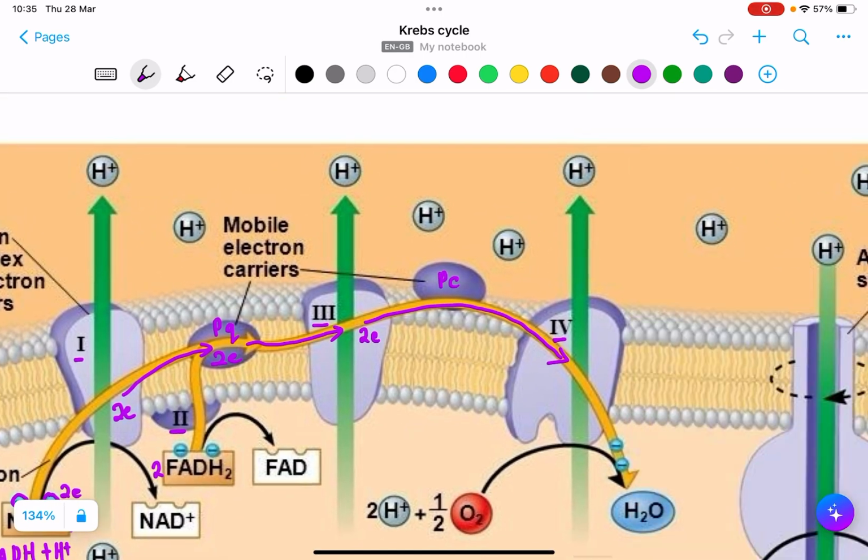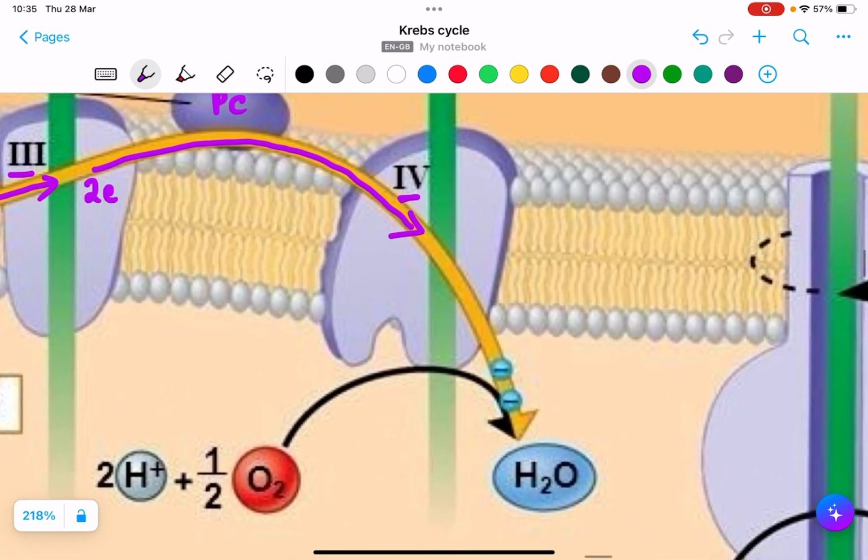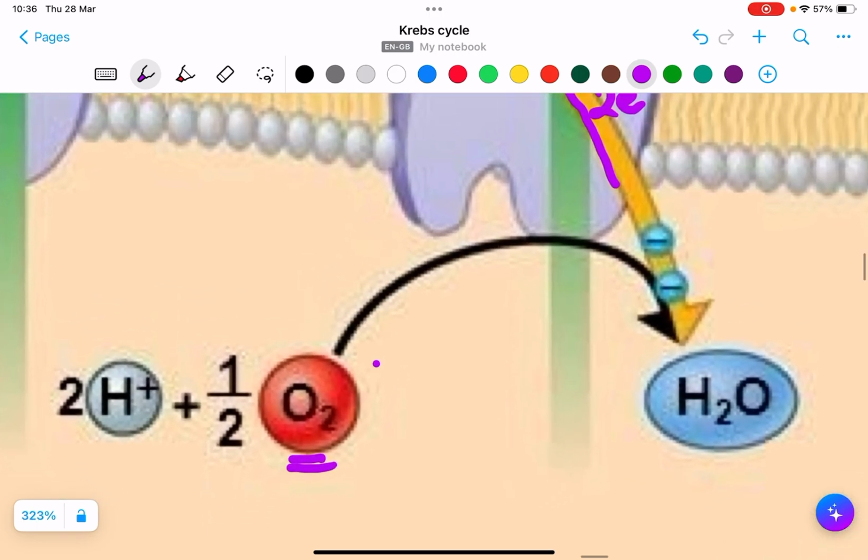So that's how the electrons pass from complex 1, PQ, complex 3, PC, until complex 4. Last but not least, the 2 electrons will be received by oxygen. That's why oxygen is known as the final electron acceptor.